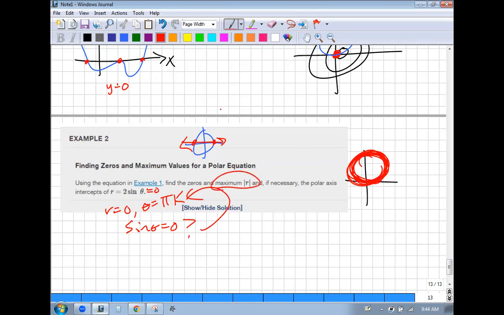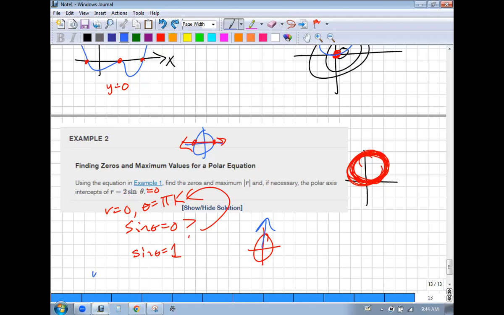We're also interested in maxima. Well, sine is always between -1 and 1, right? So the maxima would occur when sine theta is at its maximum value. Well, the unit circle says any angle that points upwards. That's when this would be 1 and r would be 2.